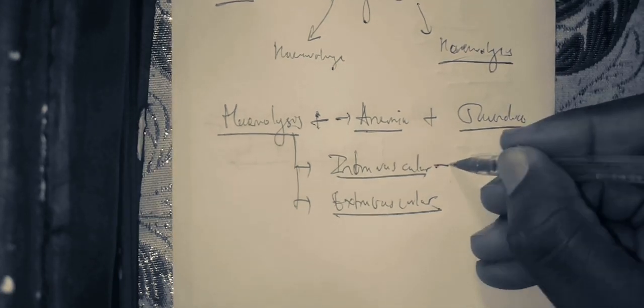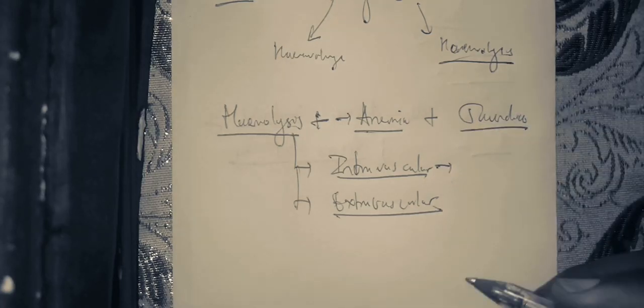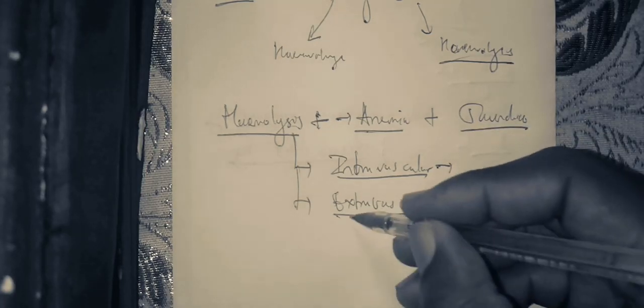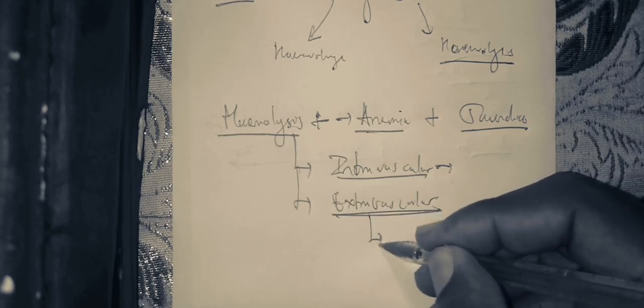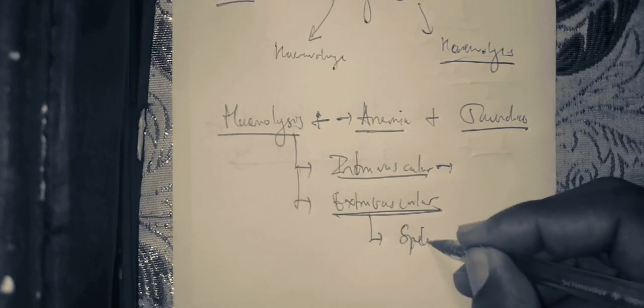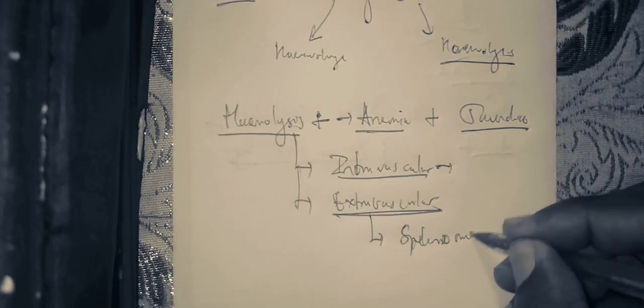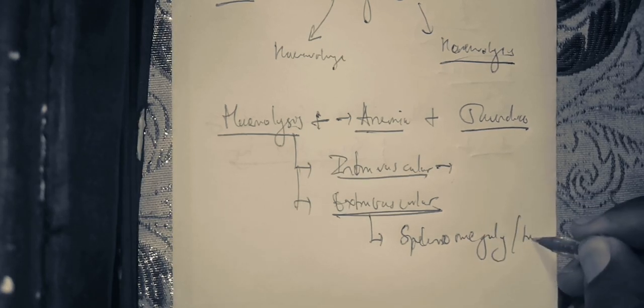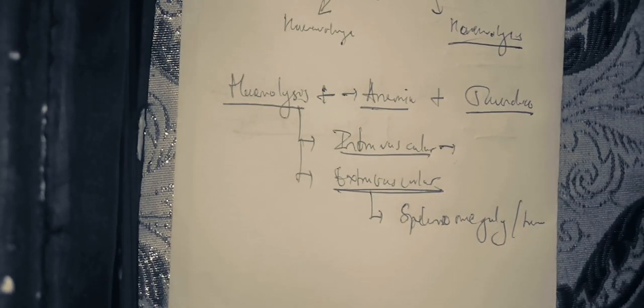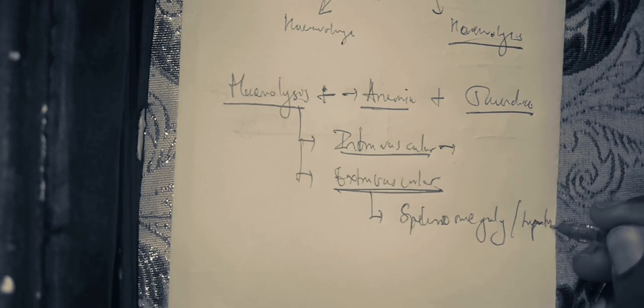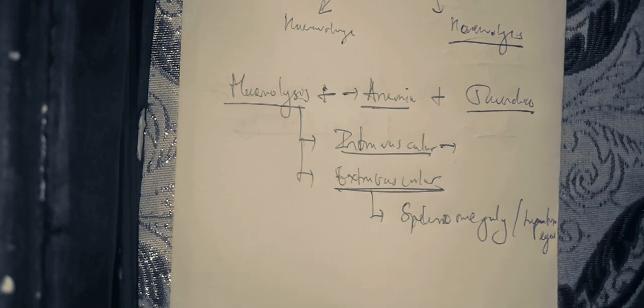Now, generally, all of them is going to have anemia and jaundice, but the peculiarity in the case of extravascular hemolysis is that we have a splenomegaly, and we can have hepatomegaly. And this is the reason why in malaria, children can have splenomegaly. Is it clear? That splenomegaly is just to show you that there is an extravascular hemolysis. And hepatomegaly is to show you that there is an extravascular hemolysis.